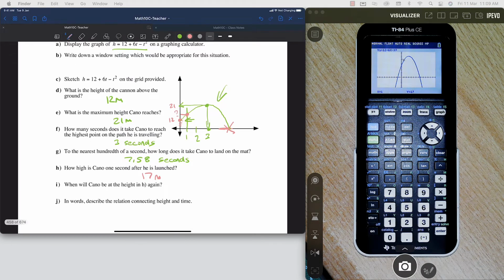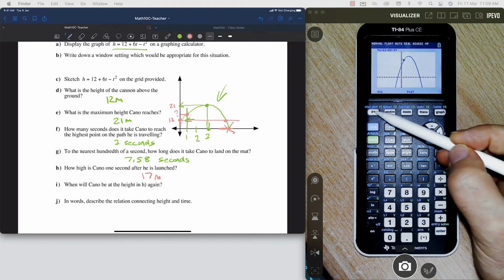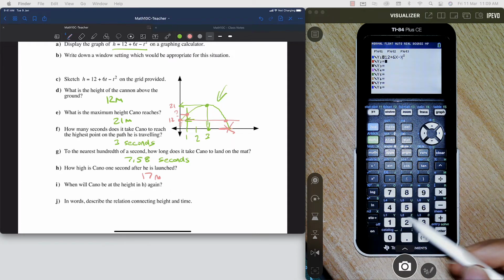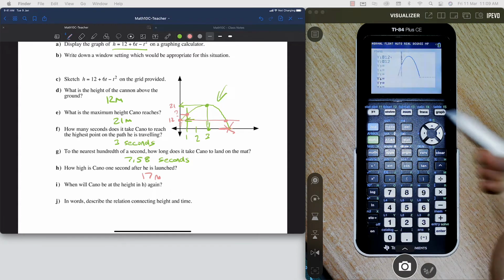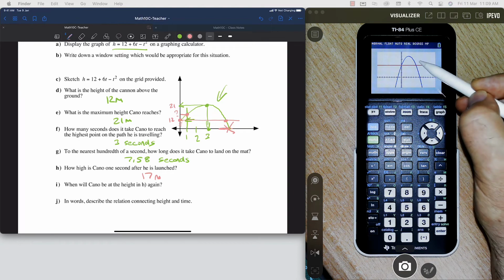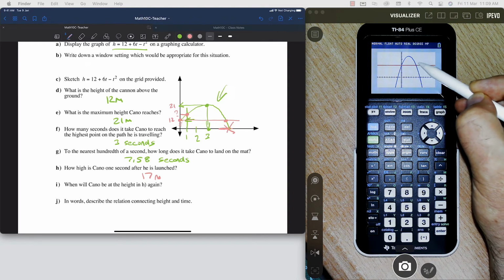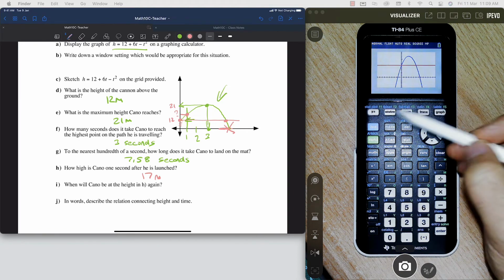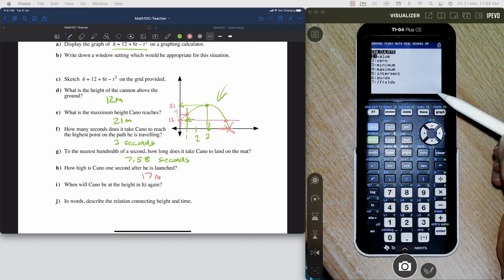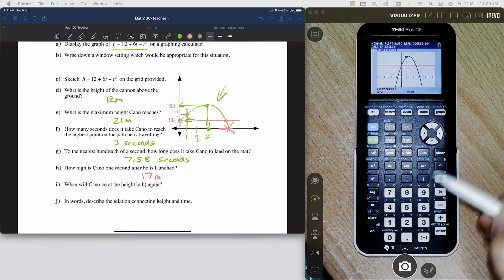When will the cannonball be at the height h again? So I guess when will it reach this point right here? So that's basically at 12. Again, I can just go into my y equals, drop this down, make another graph at 12, and I want to find this intersection point right there. So again, I'm just going to go second trace. That is an intersection, which is 5.